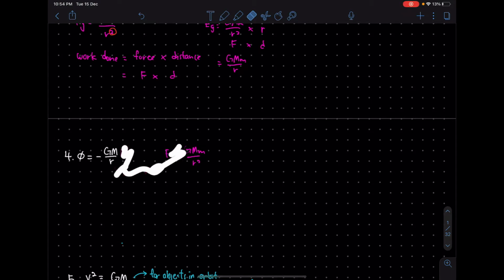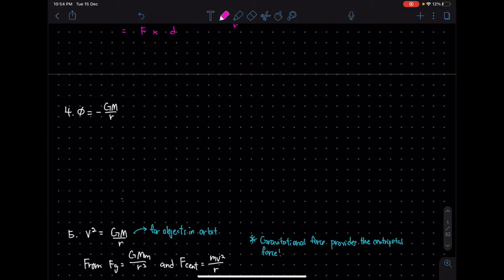Let me clear that out. Alright, so what does this mean? Well, if you're speaking from a definition perspective, the definition of the gravitational potential is just the gravitational potential energy per unit mass at any point. So let me write that down.